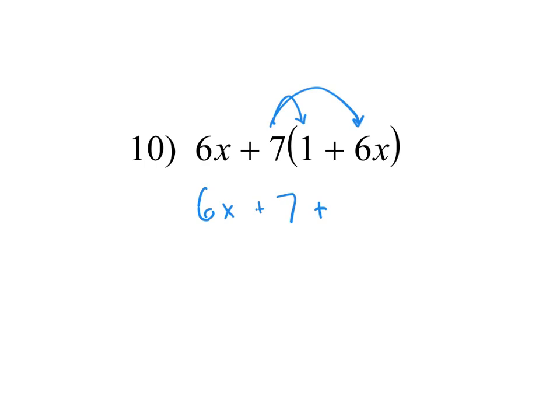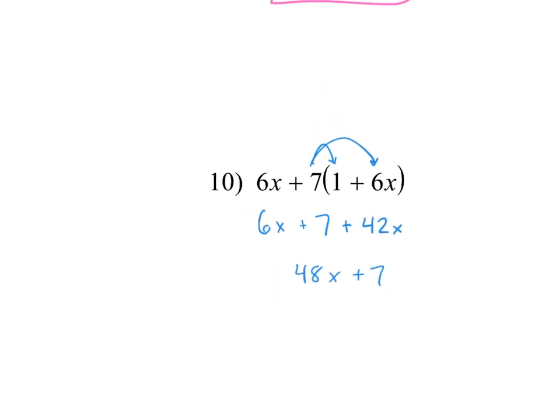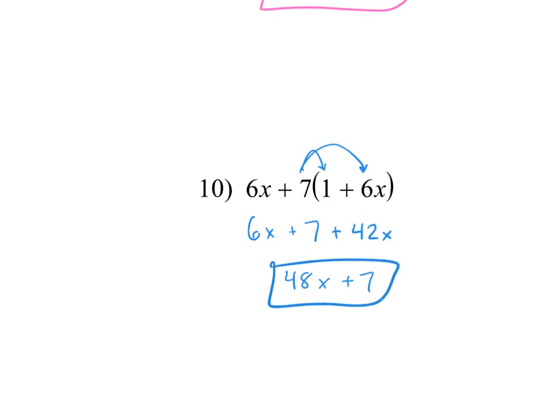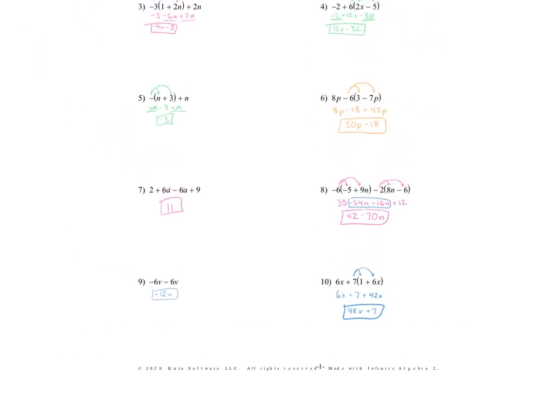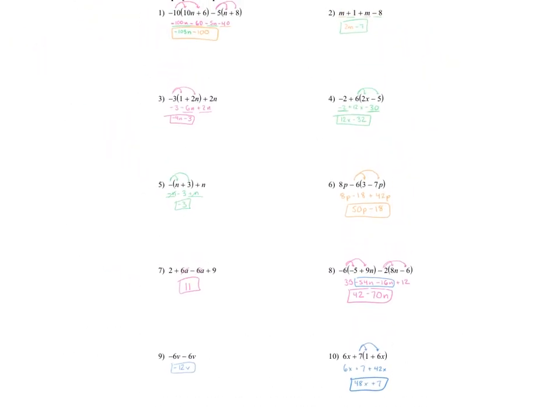And then what did you get for your final answer here? 48x plus 7. Awesome, 48x plus 7. Perfect. Any questions from this first page? No questions?